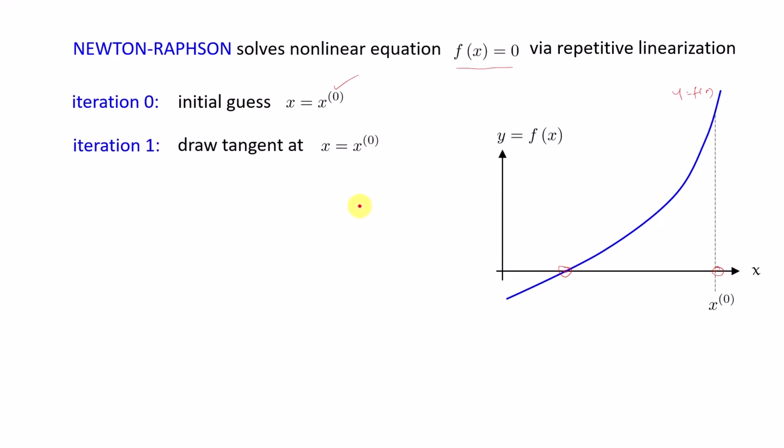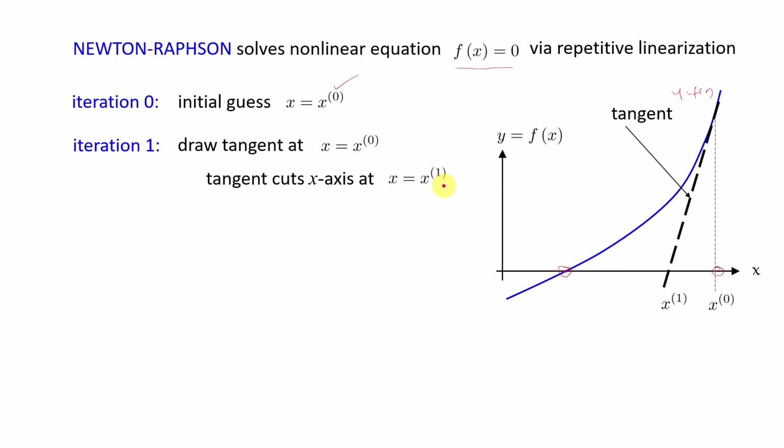Now, the way we will approach is that we will draw a tangent at x equals x0. That means over here we will draw a tangent at the point (x0, f(x0)). So this is our tangent. The tangent cuts the x-axis over here, that is at x equal to x1.